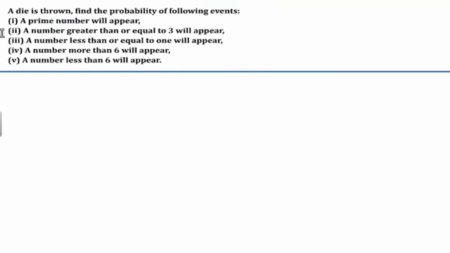This question says that a die is thrown. Find the probability of the following 5 events. So let's begin with the solution. And we know that when a die is thrown, there are 6 possible outcomes.